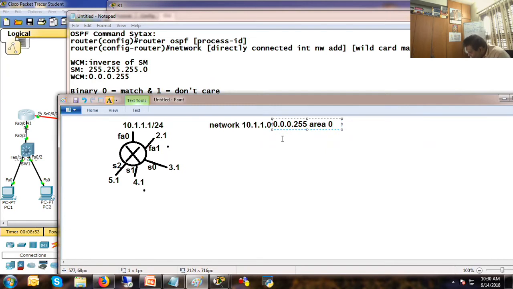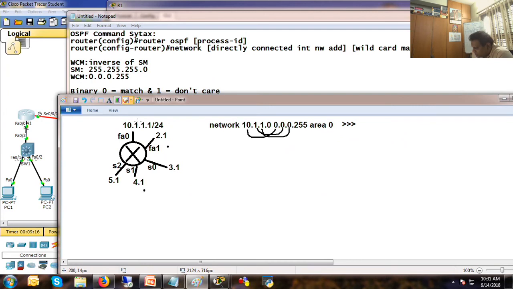Now which interface will be added in OSPF? This command. Match the first 3 octets, the last octet don't care. So tell me, if this 3 is coming in which interface?